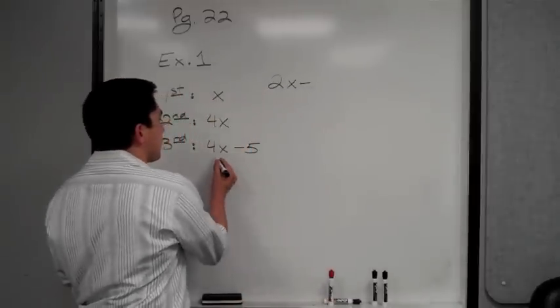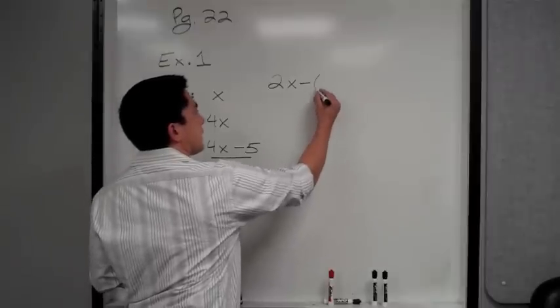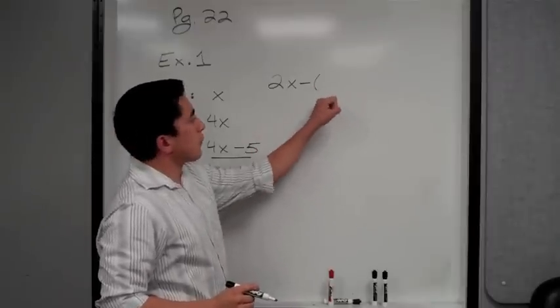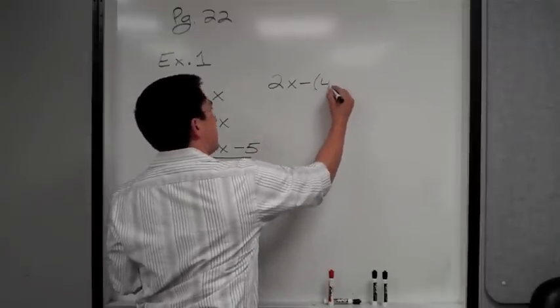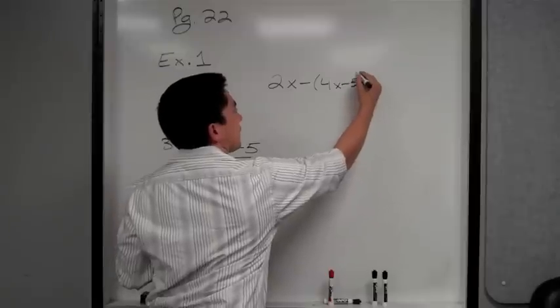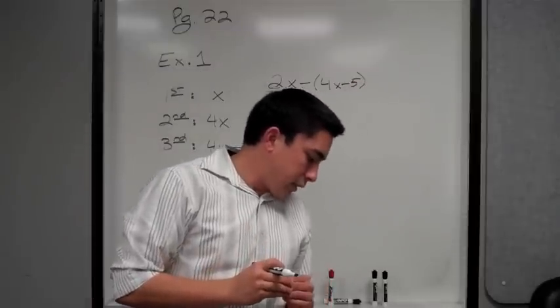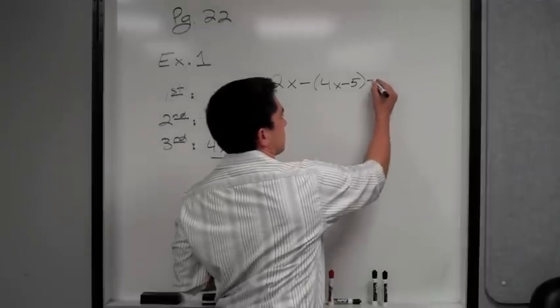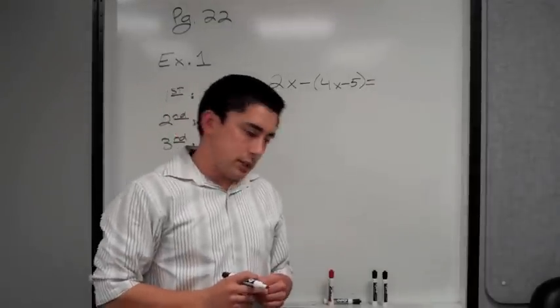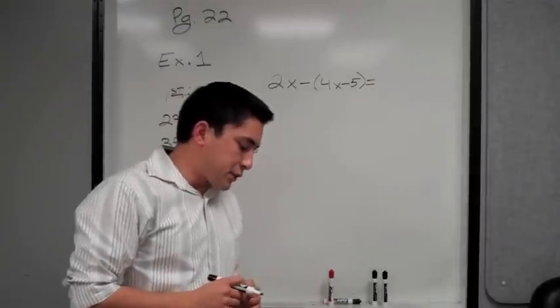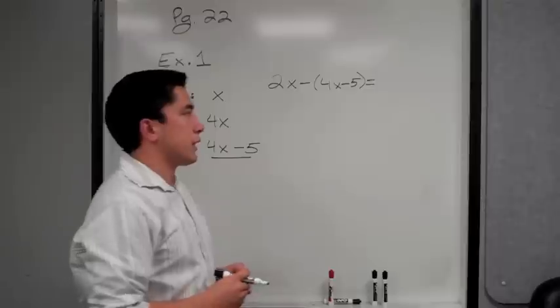This is our third number right here, so we're going to put that in, but don't forget to put in parentheses. It says the result is, so equals, the result is the same as 23 more than.